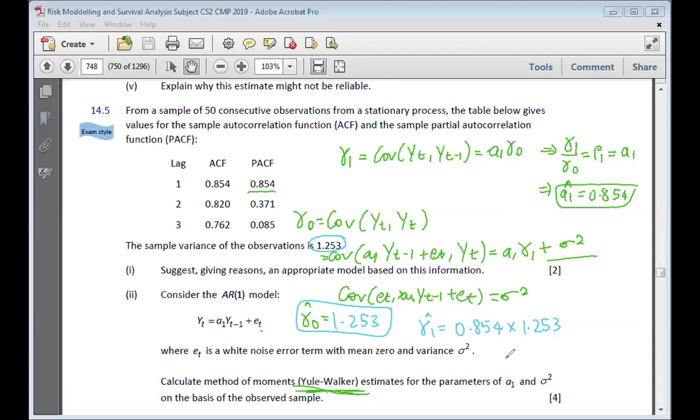Once you derive gamma 1 hat, you now know the values for gamma 0, gamma 1 and A1. And you also have this relationship that gamma 0 is equal to A1 gamma 1 plus sigma square. I know gamma 1, I know A1, I know gamma 0, so I can rearrange and derive my value for sigma square, and you will get the value for sigma square as 0.3392.